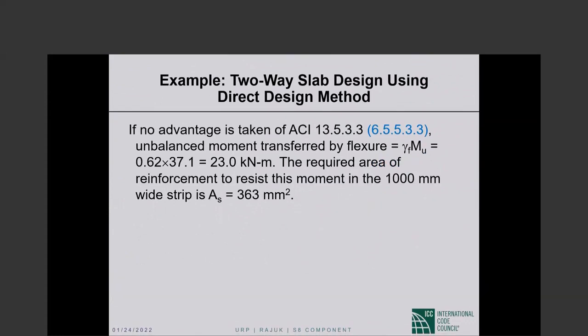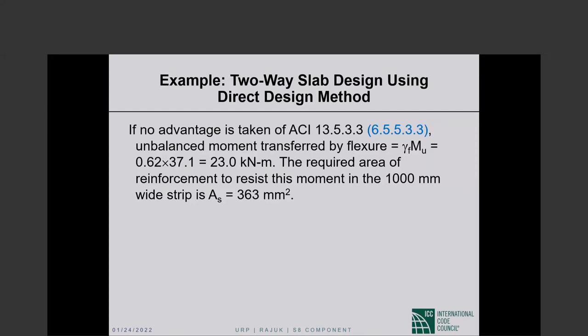Remember, I mentioned that flexibility that ACI 318 provides. My friend Jacob Grossman spent, back in the early to mid 80s, you would not believe how much effort to get this into ACI 318. We can increase the 62% to 100%, the entire unbalanced moment taken by flexure.